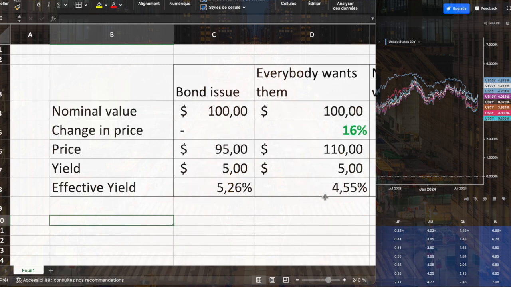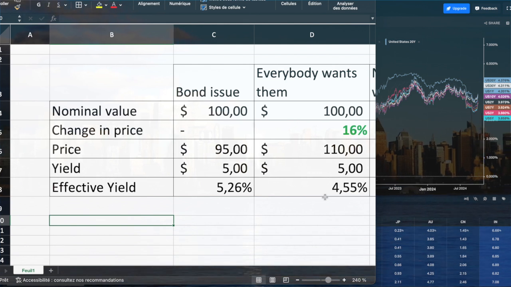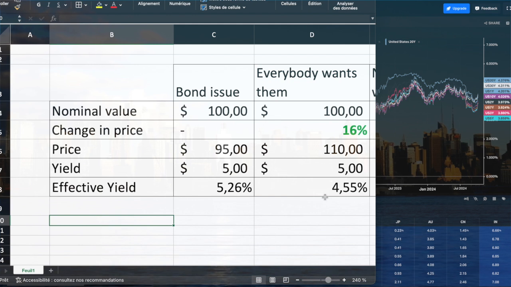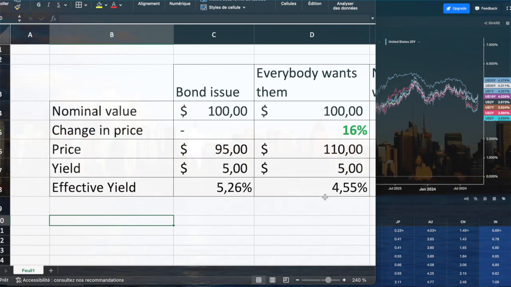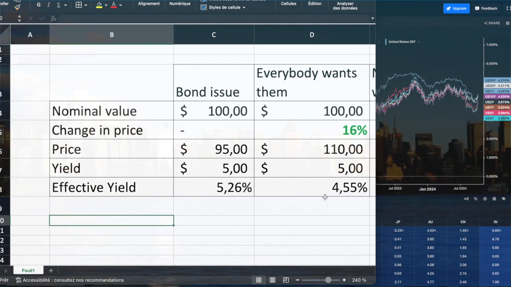You see, the yield has reduced. The yield went down. So therefore, when we look at the chart after this, when you see yields going down, it means the people, the investors, the participants in the market are buying bonds. They're buying more bonds and then pushing the yield down.